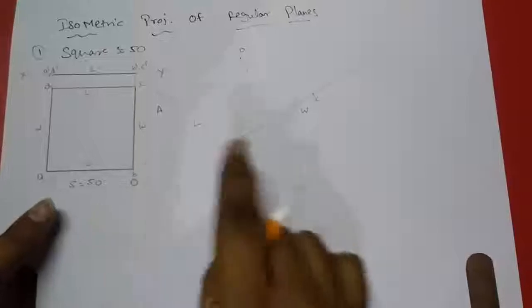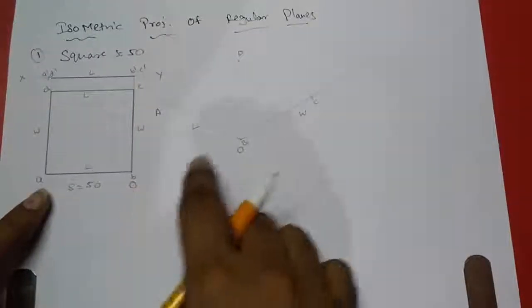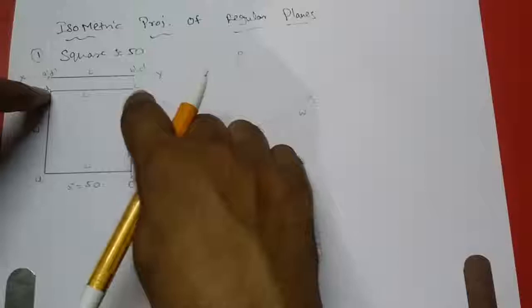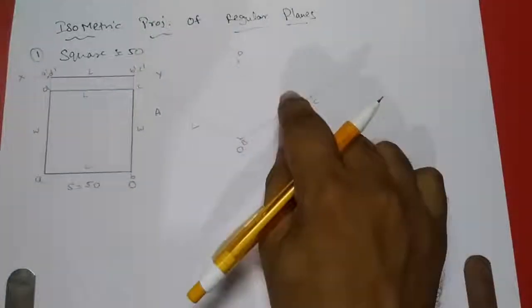You can see the small comparison between these. All the lengths are the same here. AB is the same as this, BC is the same, AD is the same, and CD is also the same here.